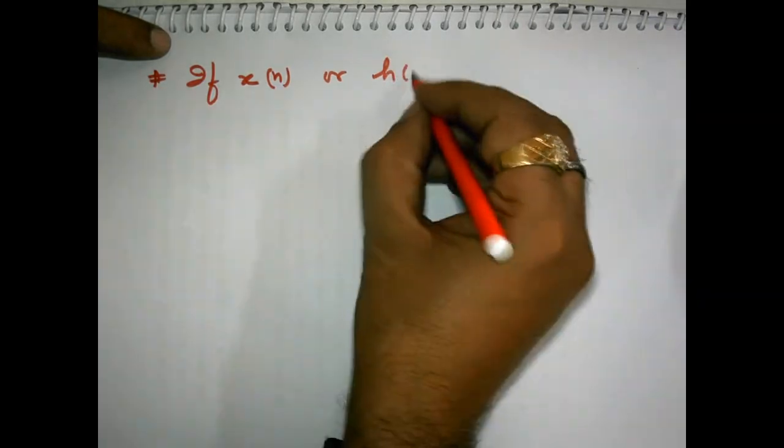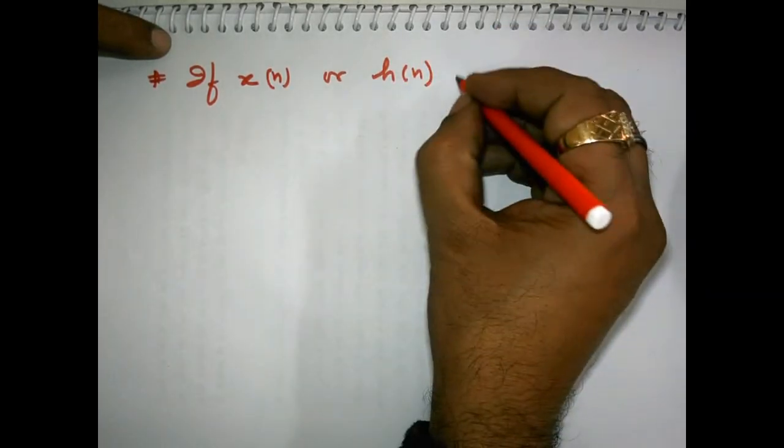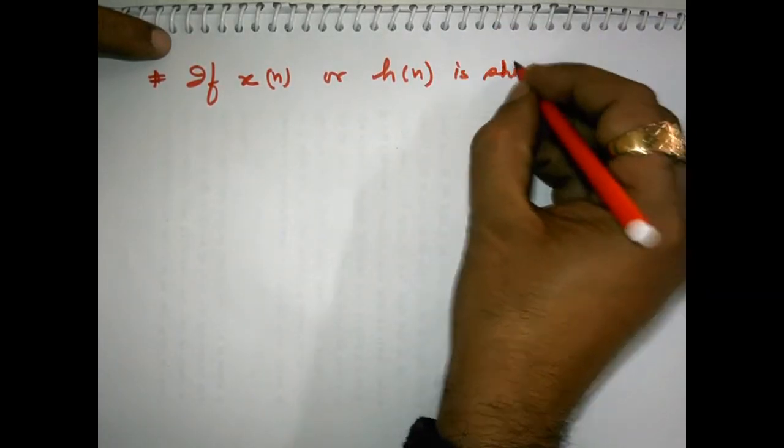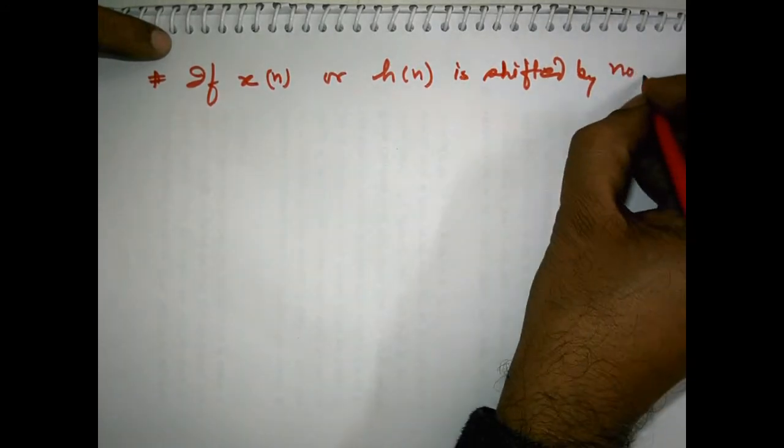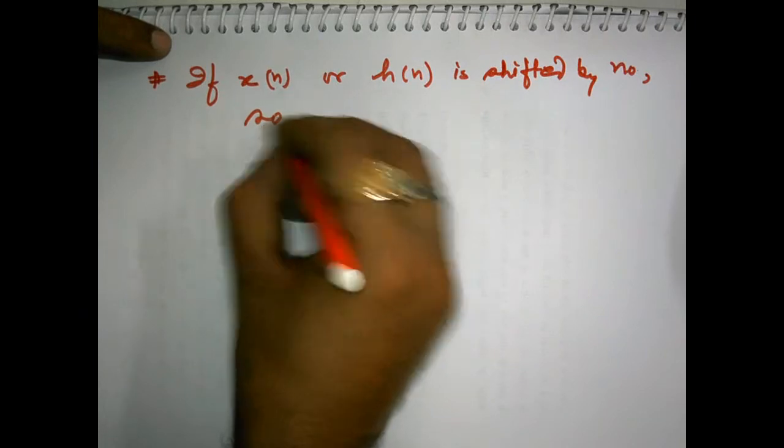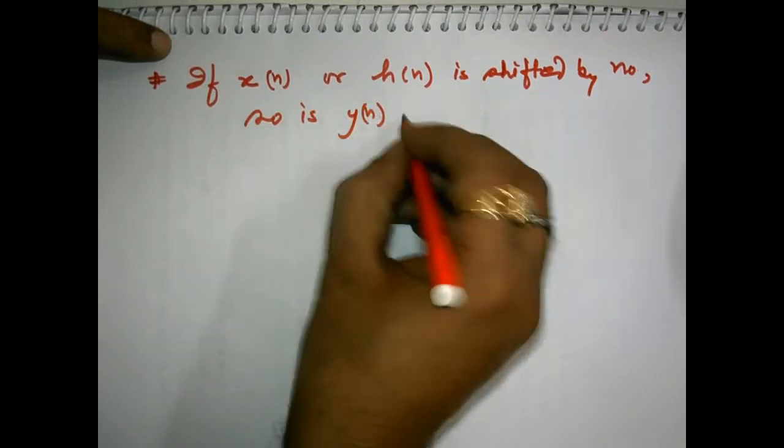if x[n] or h[n] is shifted by say n0, so is y[n].